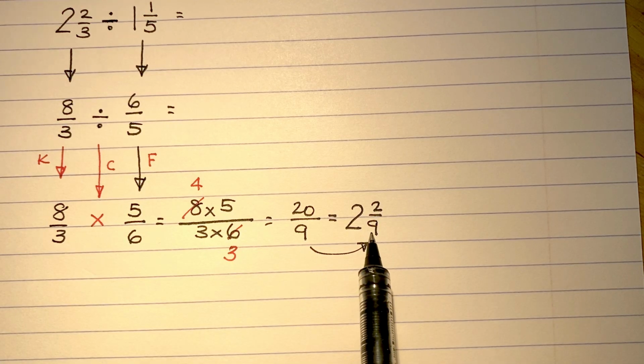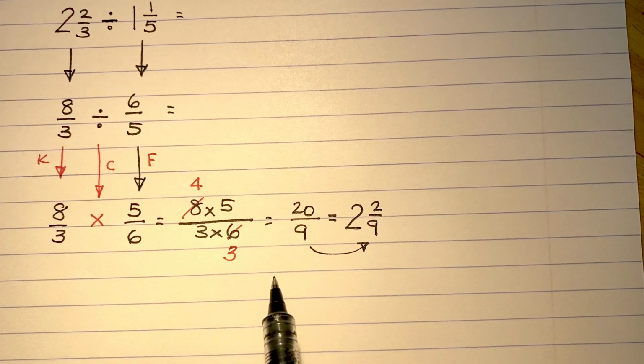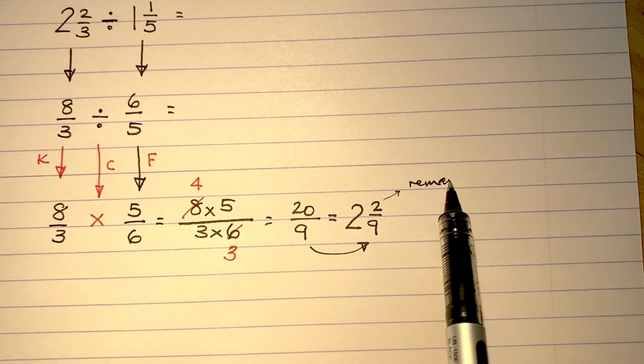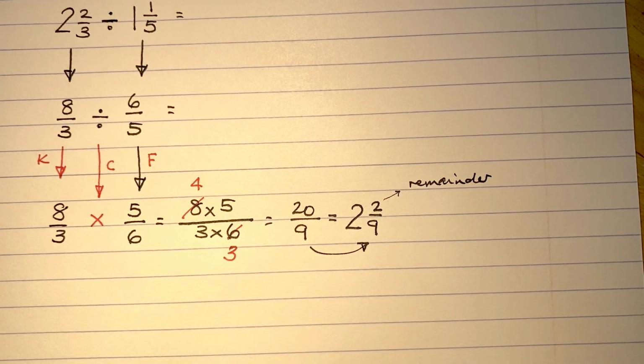And the same bottom number. So 2 lots of 9 with the remainder of 2 and the same denominator.